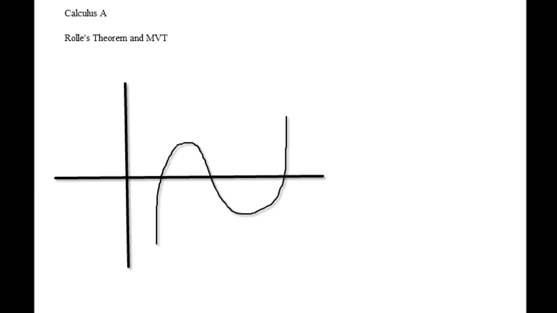So if we have something like this right here, let's call these points A, B, and C. If f of A is equal to f of B, which they are because they're both going to be 0, and that's going to be equal to f of C, then somewhere between A and B there's a place where, if I find the derivative of that line, I will find that it has a slope of 0.